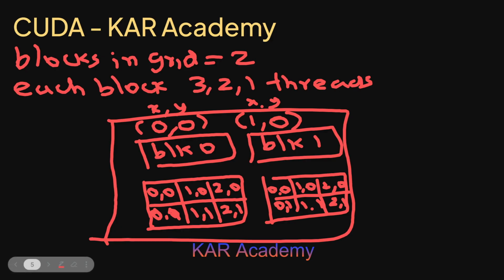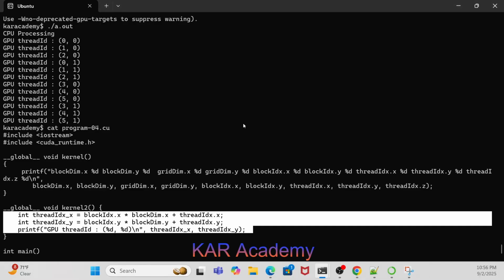So if you go and fill this, you basically get this output. So this is how the blocks and thread indexes are obtained by the CUDA kernel. Once you understand this concept, you will be able to do parallel programming with arrays, matrices, and various complex data structures.